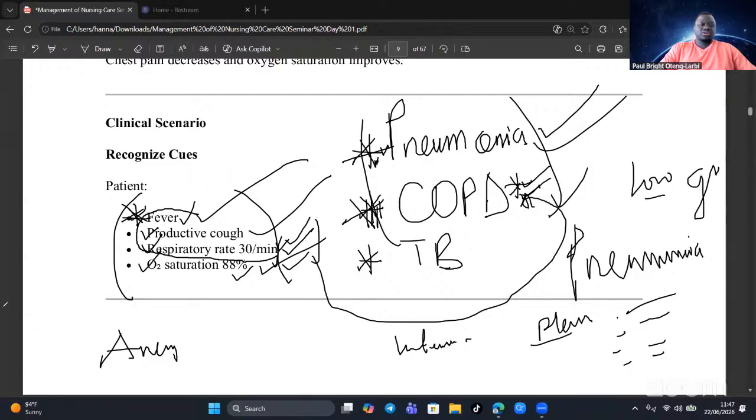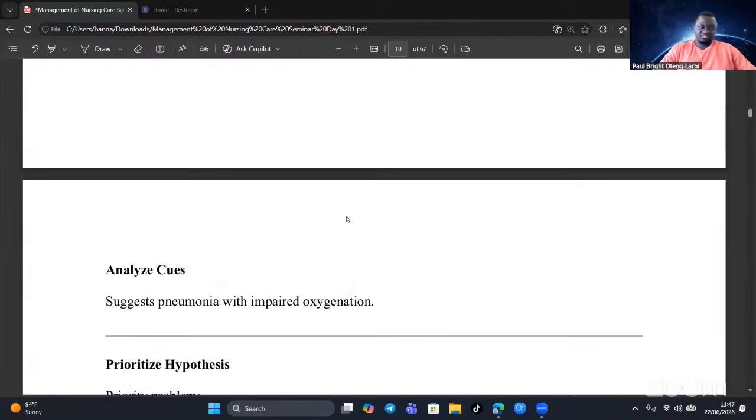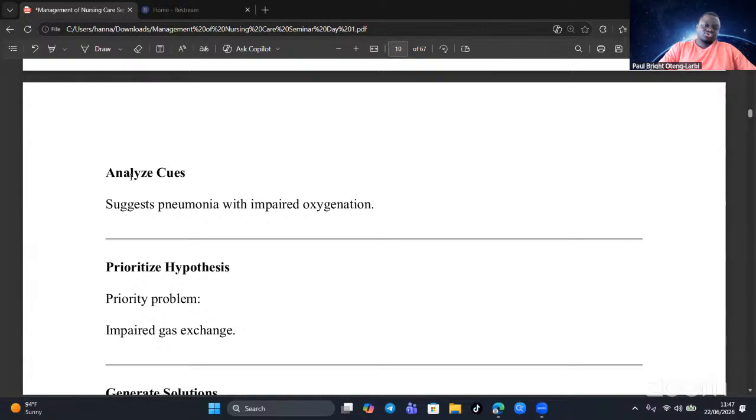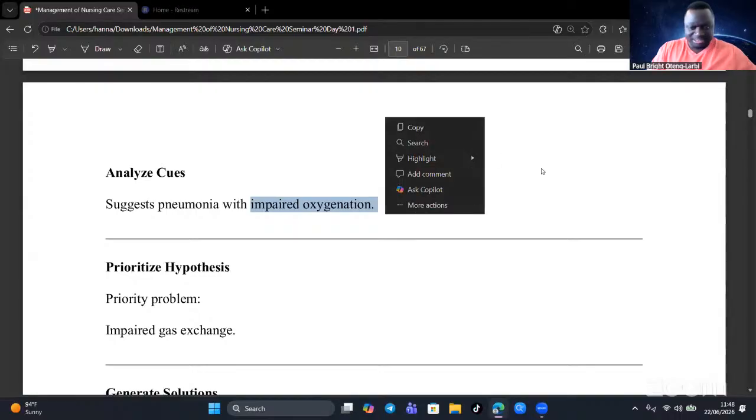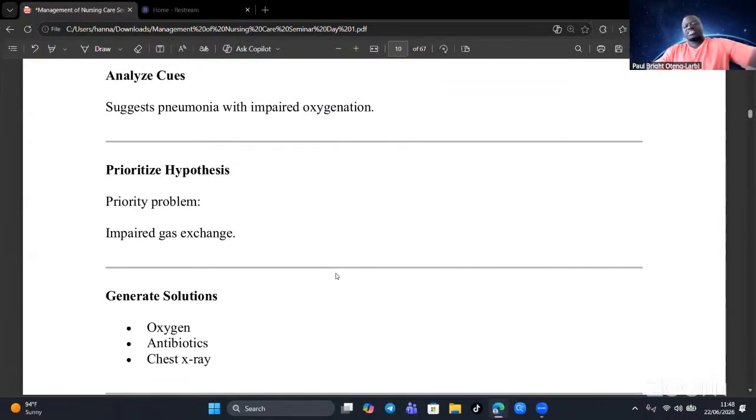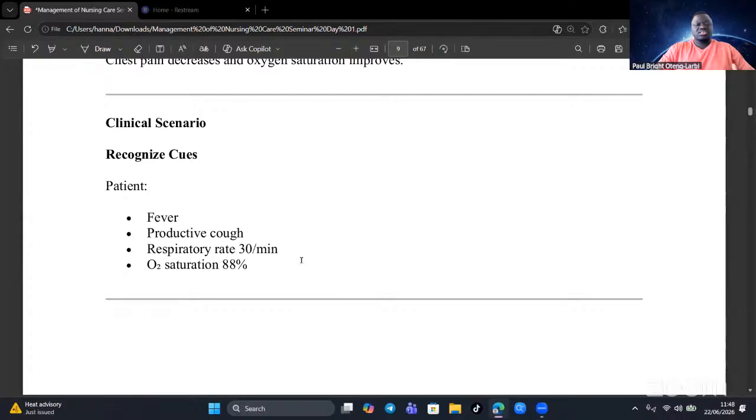Now let's go down and look at our solution. So with the cues, they suggested what? Pneumonia with impaired oxygenation. So the person who chose pneumonia got it, and the one who said respiratory distress, we can also consider him. So let us prioritize. What are we prioritizing?